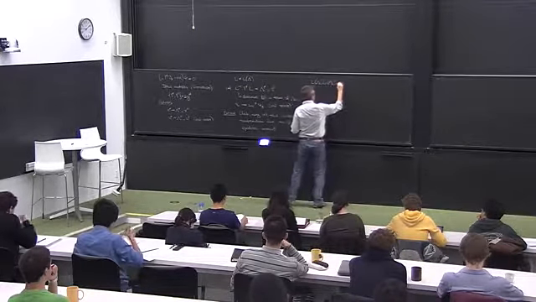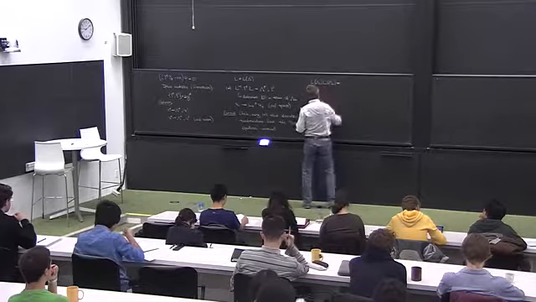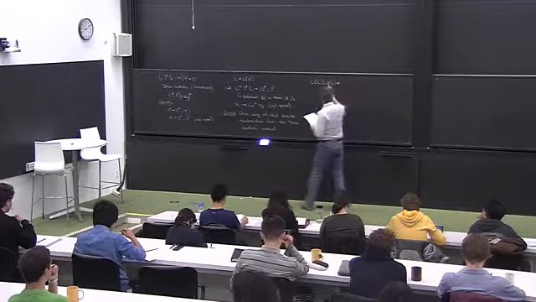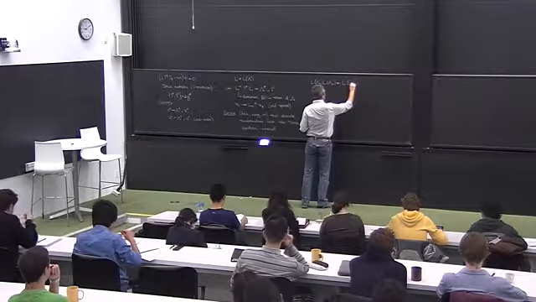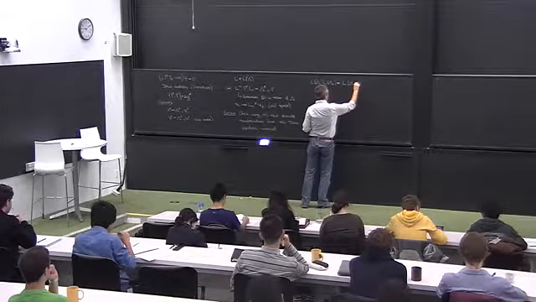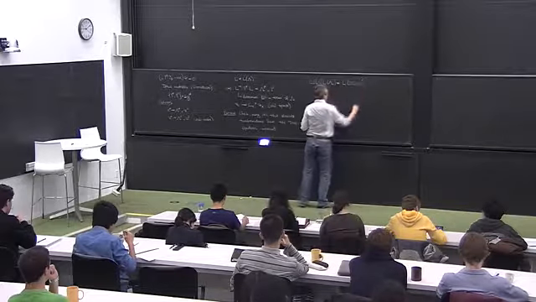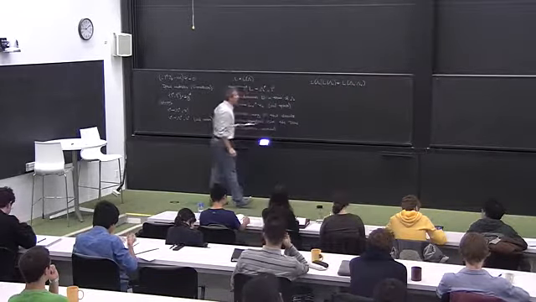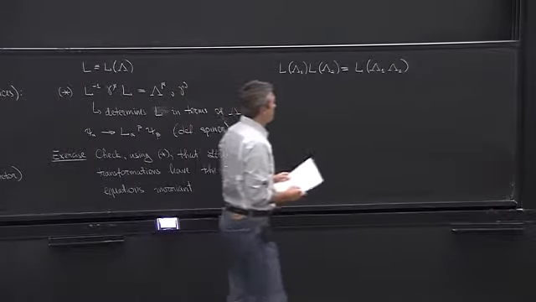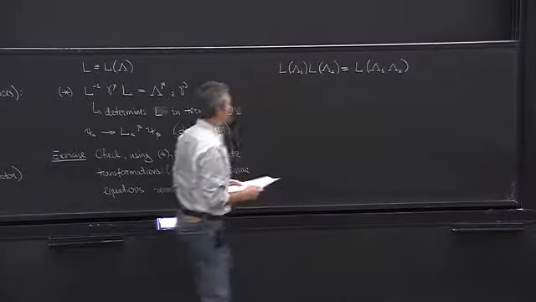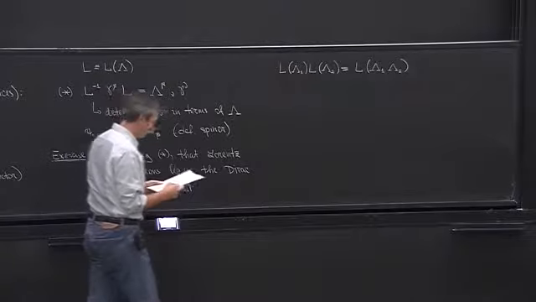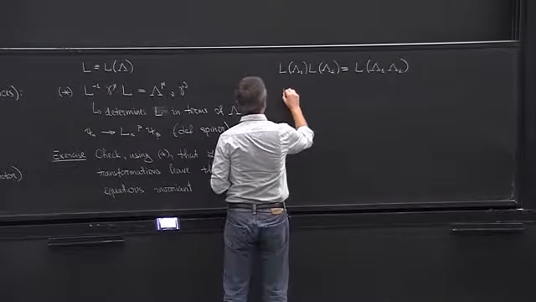conditions to be satisfied. So if you take the product of two L's corresponding to two Lorentz transformations, this should be equivalent to L evaluated for the combined transformation, that is, a product of lambda 1 and lambda 2.